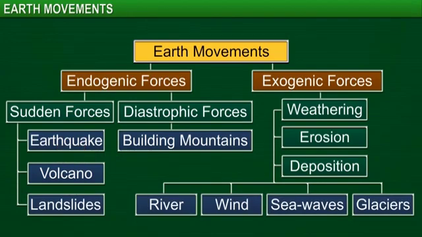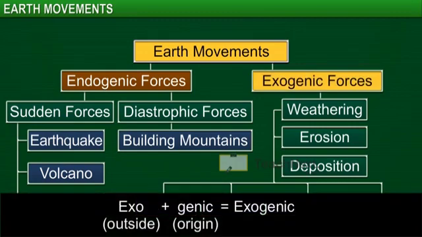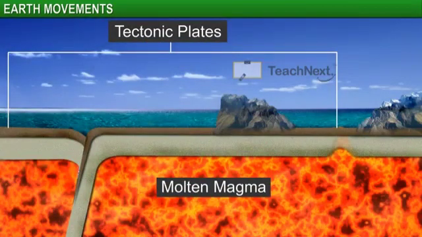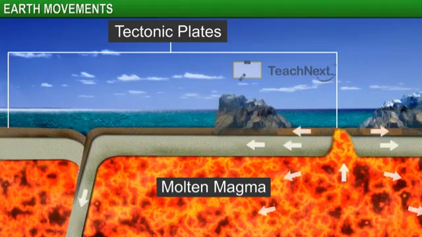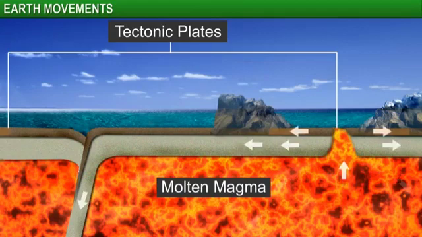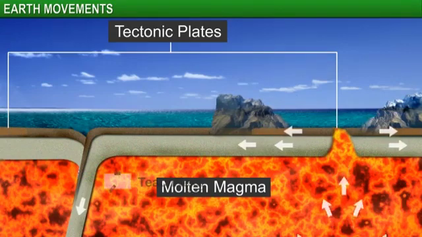On the other hand, forces that work on the surface of the Earth are called exogenic forces. The movements that result from these forces are called exogenic movements. The Earth's outermost layer, or the continents, are moving under the influence of endogenic forces generated within the Earth due to the tremendous heat in the mantle.